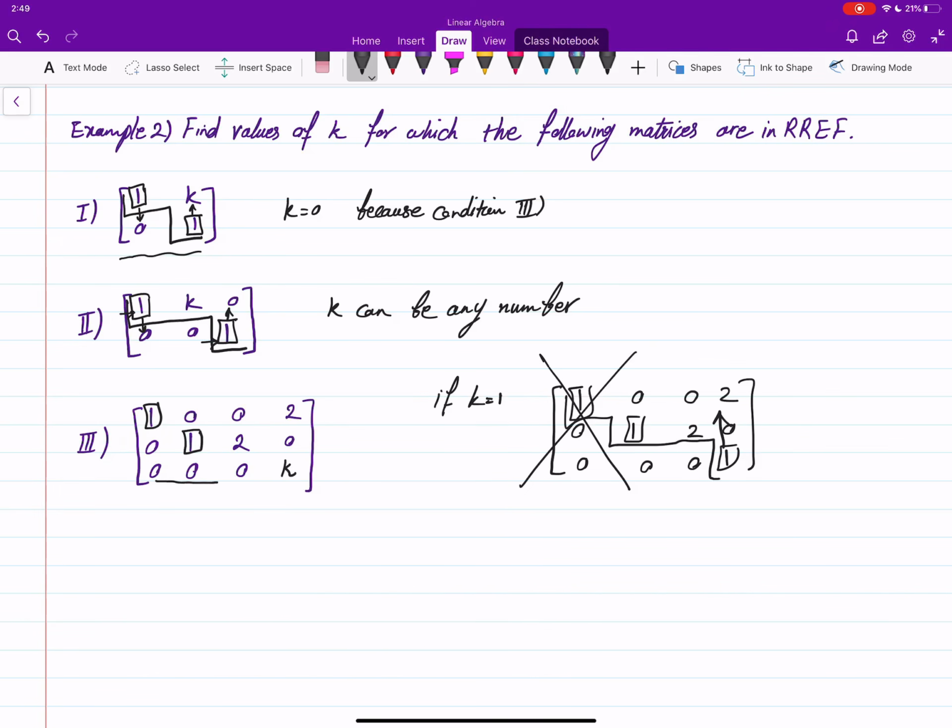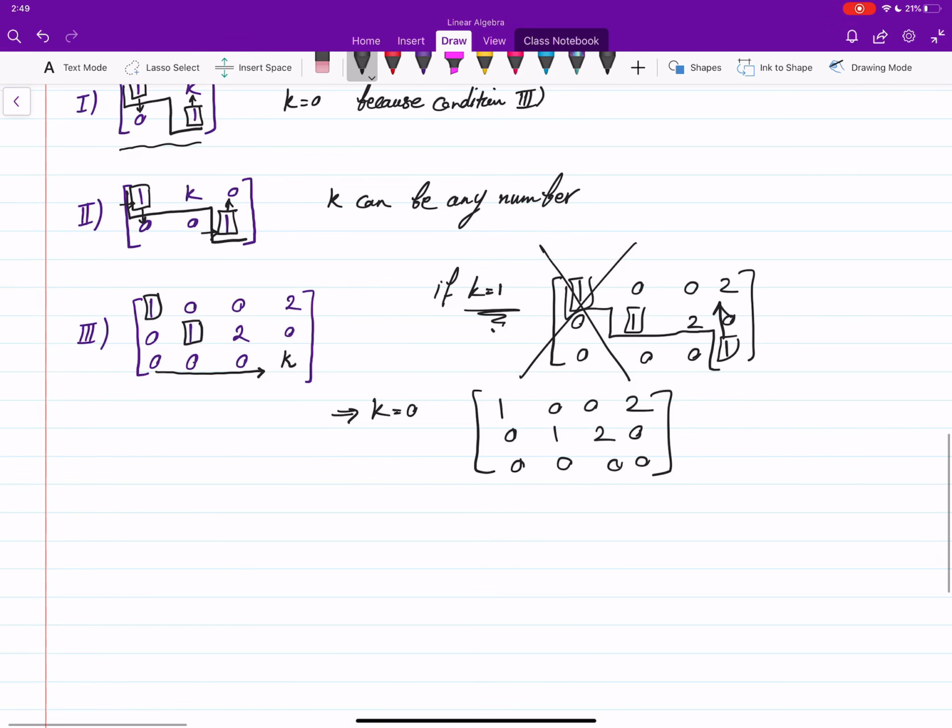Everything before k is 0, so if k is non-zero, it must be 1. We showed that it cannot be 1. As a result, the only possibility is that k is 0. So we have 1, 0, 0, 2; 0, 1, 2, 0; 0, 0, 0, 0. This is the only possibility that we get a row reduced echelon form from this matrix.